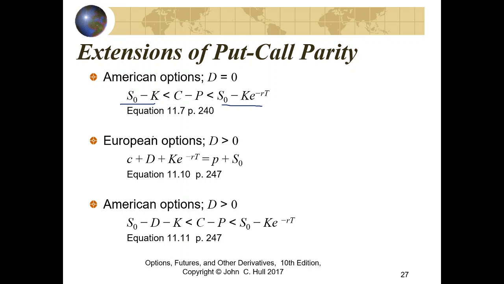If we want to introduce dividends on the underlying stock during the life of the options, we will adjust the call-put parity by adding the present value of the dividends to portfolio 1 or portfolio A. So the left-hand side will be the call price plus the present value of the dividends plus the present value of the strike price, which is equal to the put option price plus the underlying stock price.